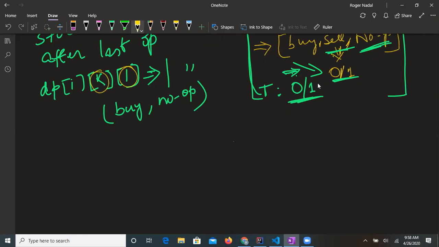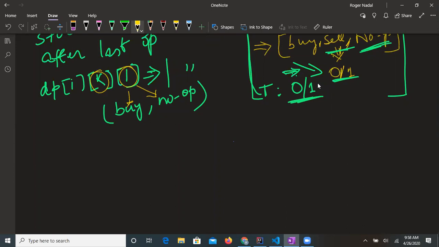One is what you have in hand, how many stocks you have on that ith day. To have one stock, either you did a buy or a no op, meaning you already had it from the previous day. And that's it, right? It will be constant only, always one only.